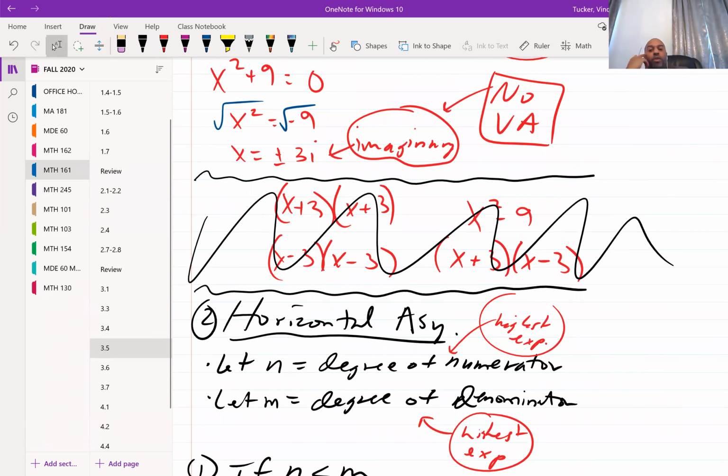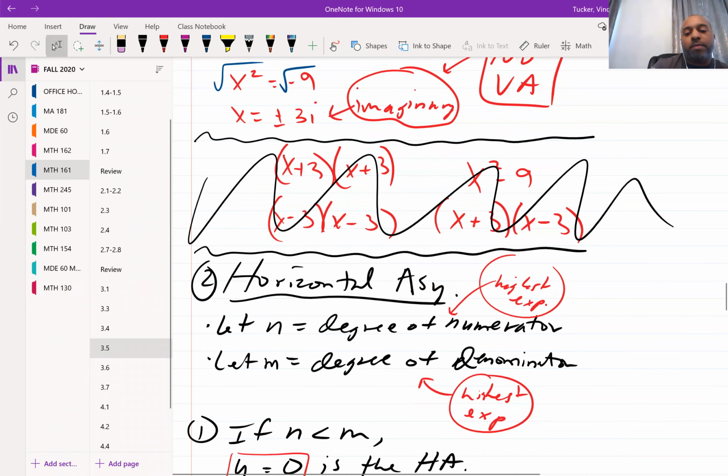For your horizontal asymptote, the first thing they do is set us up: we're going to let n be the degree of the numerator, m be the degree of the denominator. In other words, the highest exponent in your numerator is the degree of your numerator, and the highest exponent in your denominator is the degree of your denominator.